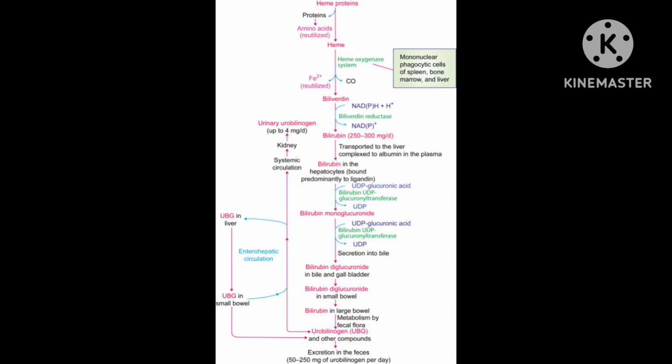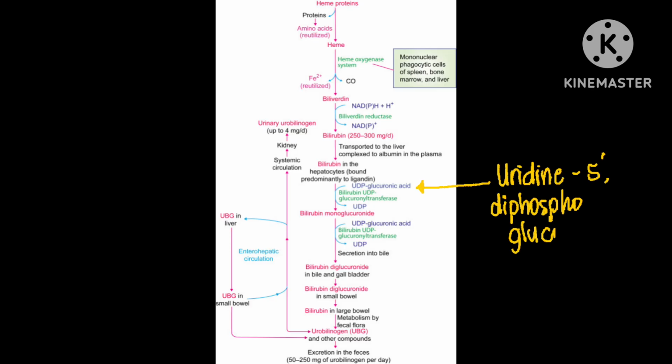The next critical step is conjugation. This occurs where? In the smooth endoplasmic reticulum, correct? In here, class, the enzyme uridine 5-diphospho-glucuronyl transferase catalyzes the covalent attachment of one or two molecules of glucuronic acid, which is derived from UDP-glucuronic acid, to bilirubin.